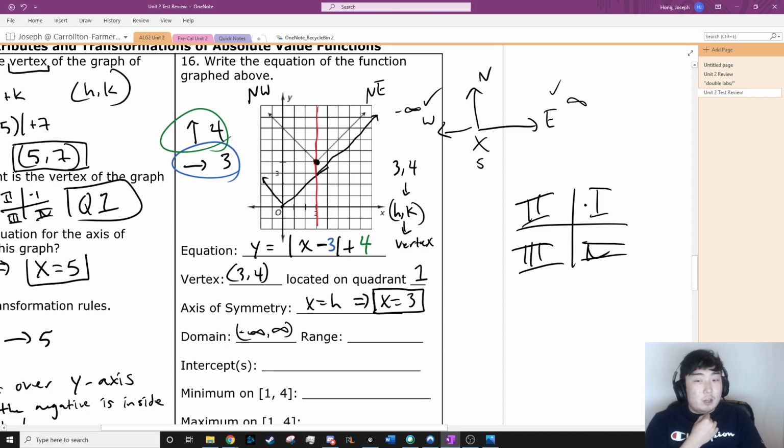But my range is kind of weird because I go to positive infinity forever, right? But my lowest point isn't negative infinity because I don't have an arrowhead going southbound. My lowest point on this graph is actually my vertex. What is the y value of your vertex in this question?